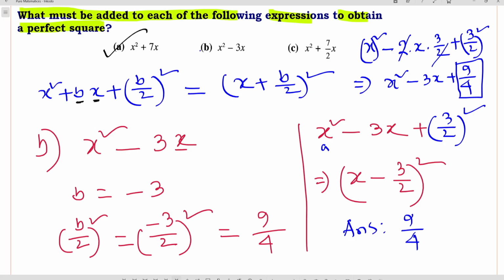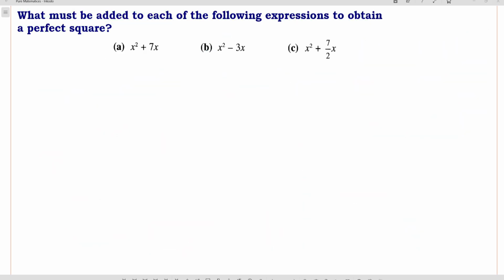So what will be the next one? Number C. Here is x square plus 7 by 2 x. Our target is to find out the number or expression that will make it a perfect square.